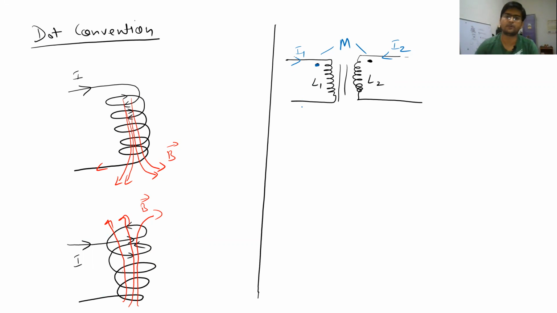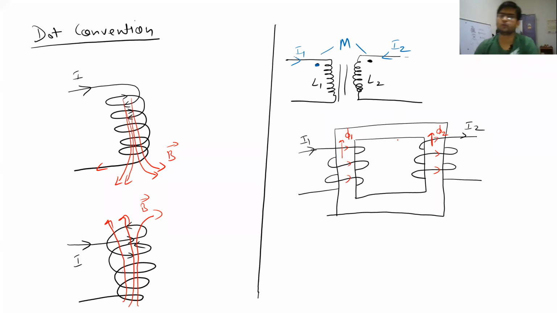Let me draw it for you. In this magnetic circuit, which is basically a transformer, these two squares represent the magnetic circuit. You can see that in the first coil, due to this current I1, a flux is being produced and it will be going in the upward direction.